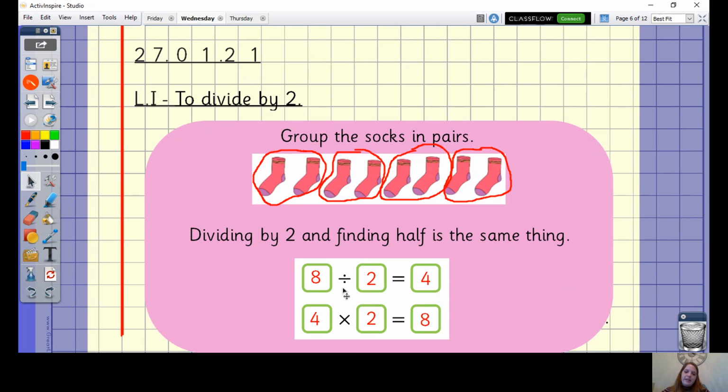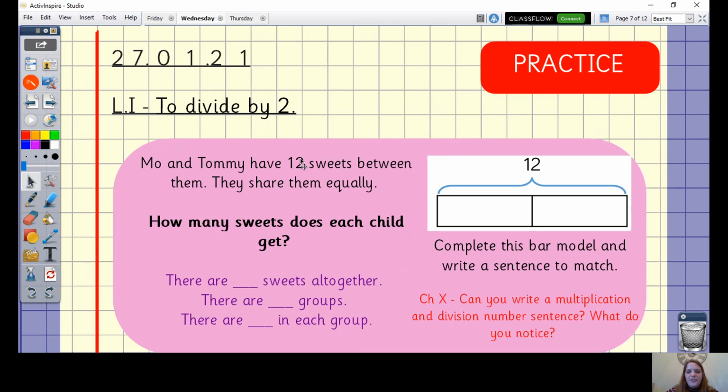So if I was to write my number sentences then, I have 8 divided by 2, so dividing into groups of 2 equals 4 groups. And then for my multiplication number sentence, I have 4 multiplied by 2, and that total is 8. Okay, well done everybody.